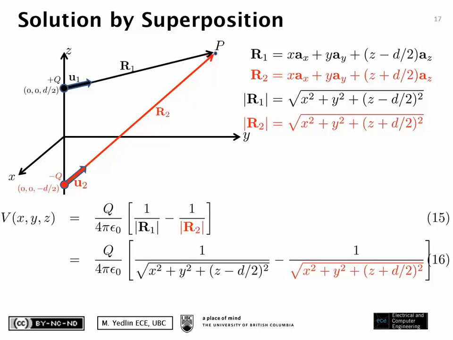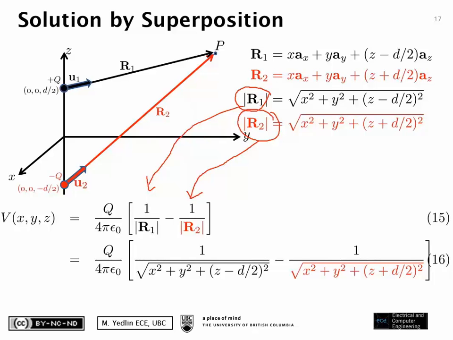Here we see the geometry diagram again, and we have the distances from the charges. Positive charge, R1, magnitude of that vector, magnitude of the R2 vector in red, and we substitute that into the expression for the potential. We use superposition and add up the potentials of each of the charges.